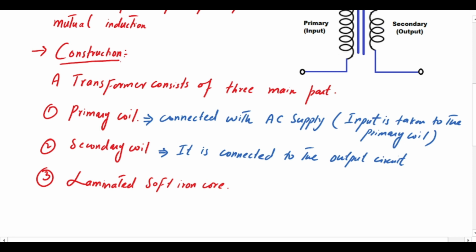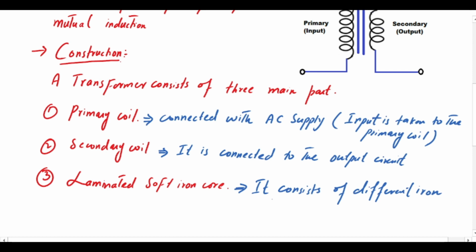Next is the laminated soft iron core. So it consists of different iron sheets. It is in the form of strips.